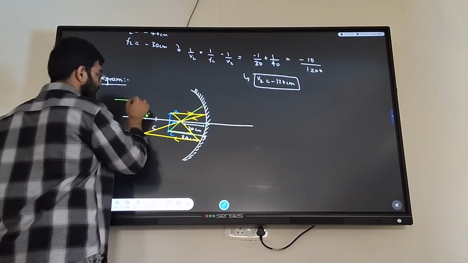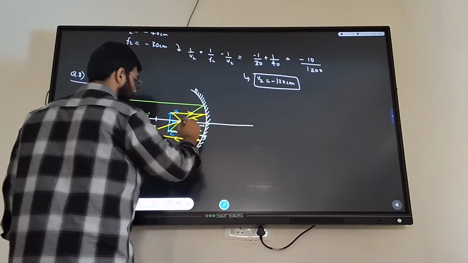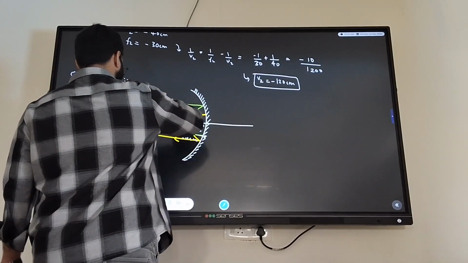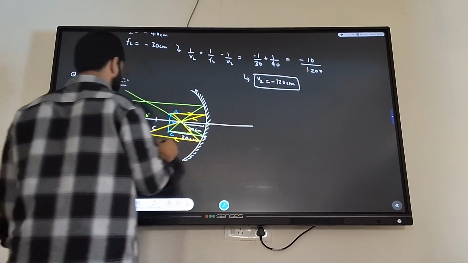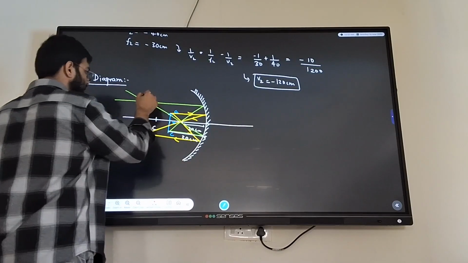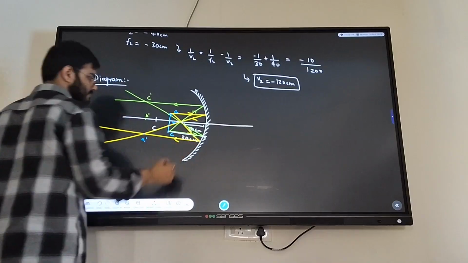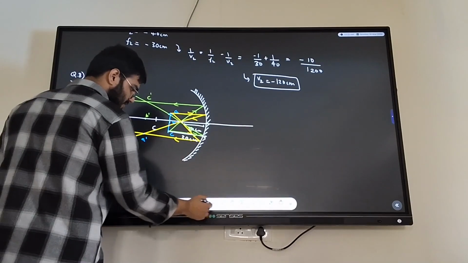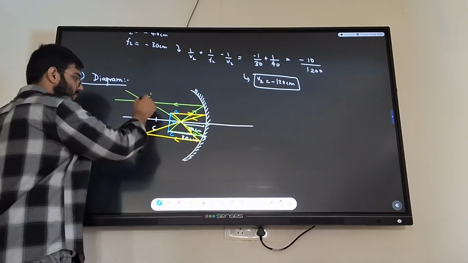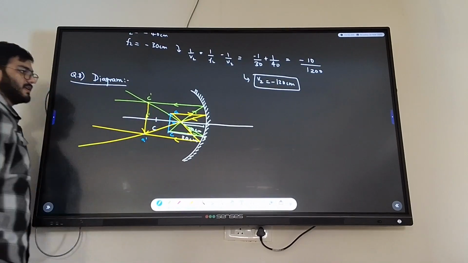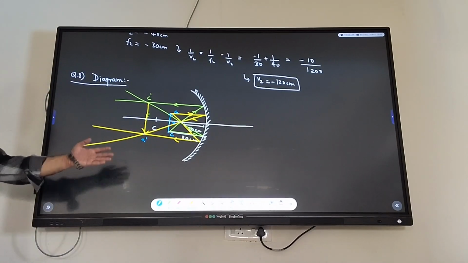Object placed beyond C. I think this is much better. Object distance minus 40, focal length minus 30. So the image is beyond C, and the arrow will be like this. Okay. This is my image now.